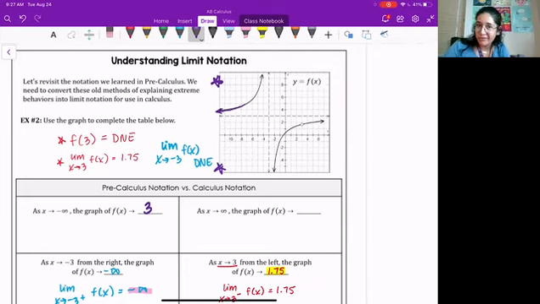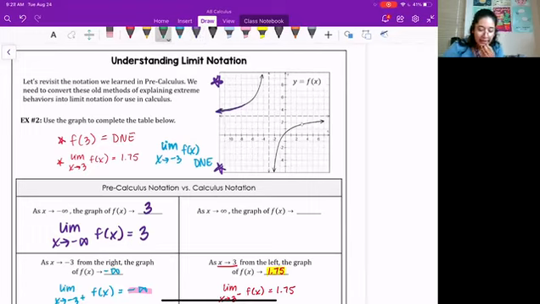Now, is my function ever going to reach 3? No, and that's okay. I don't have to reach 3. A limit is just talking about what we're getting really, really close to. Okay, so the limit as x approaches negative infinity on my function is positive 3.